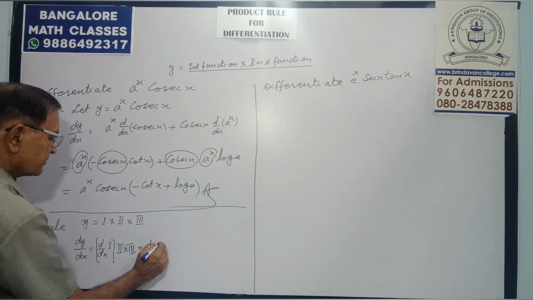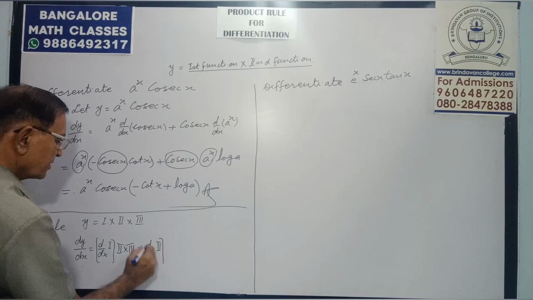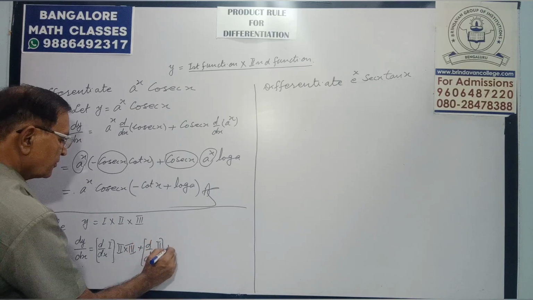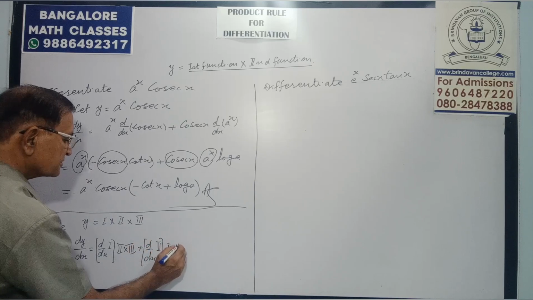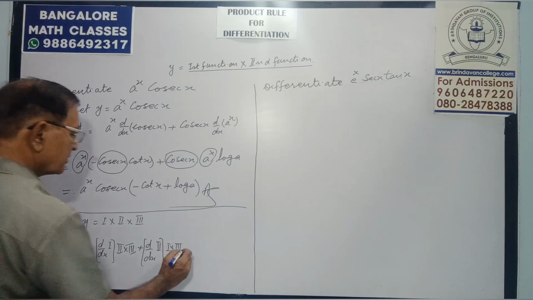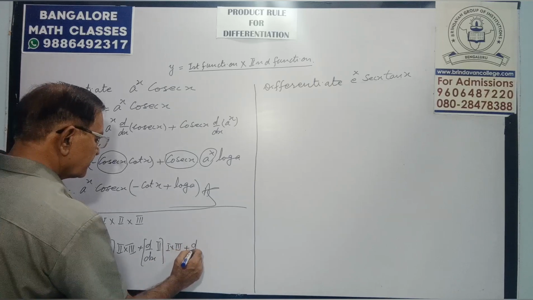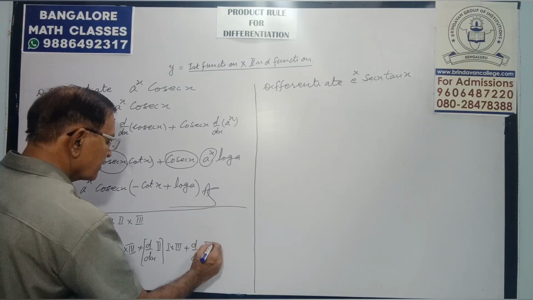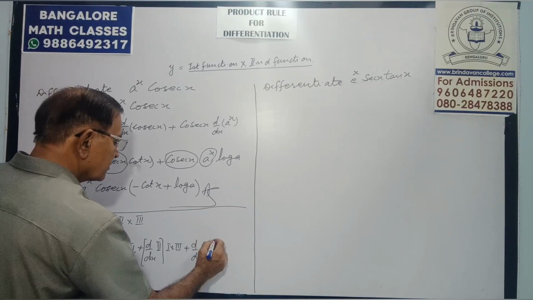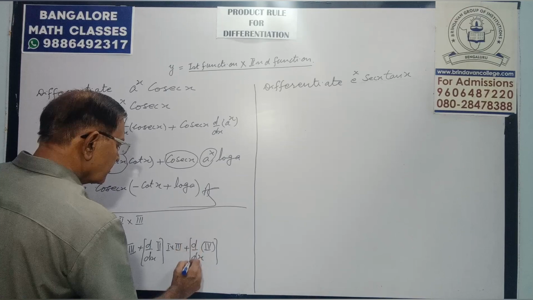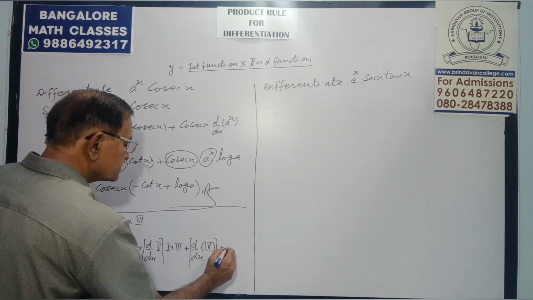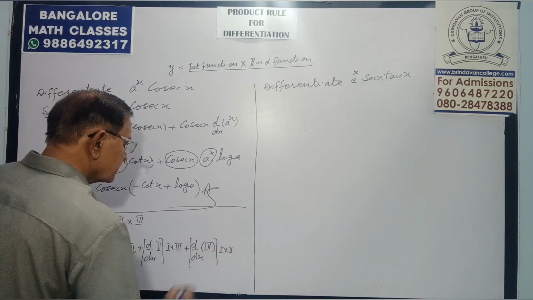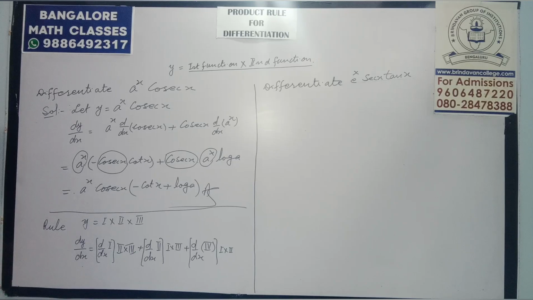Differentiate second, first and third as it is. Differentiate third, first and second as it is. So it means differentiate one, remaining as it is.